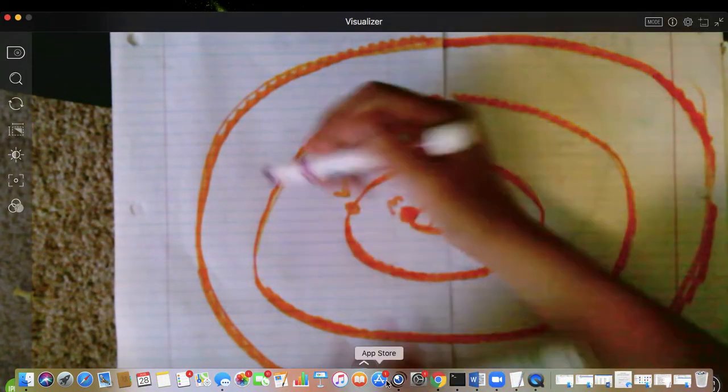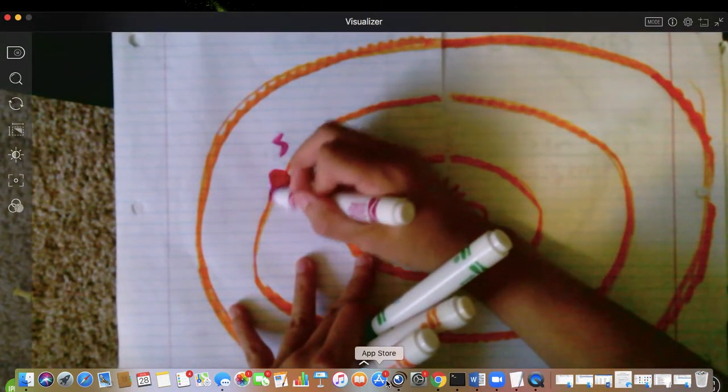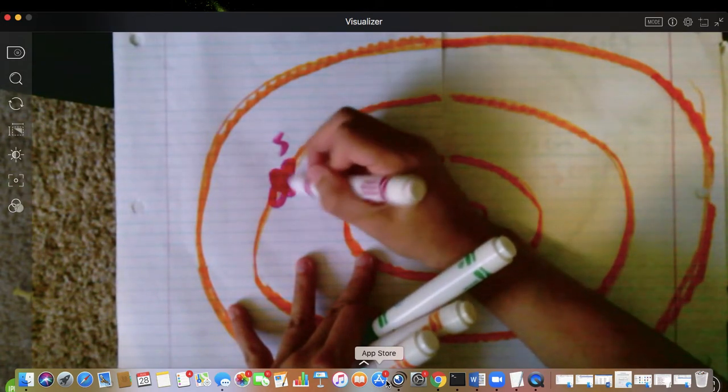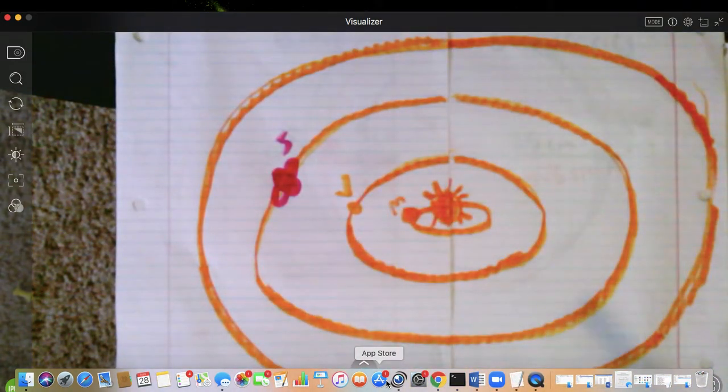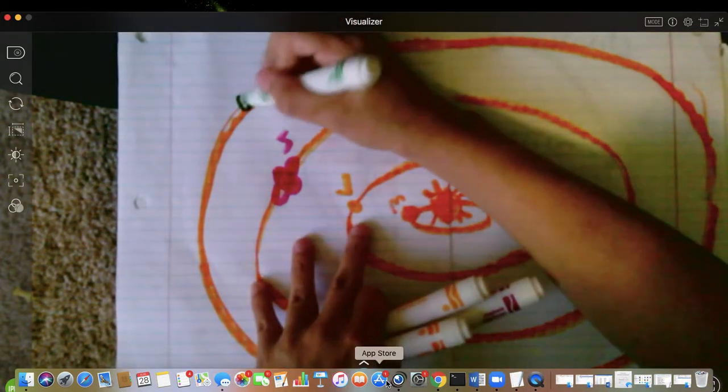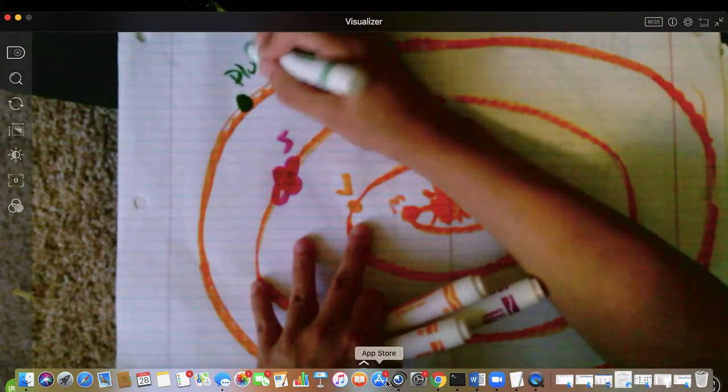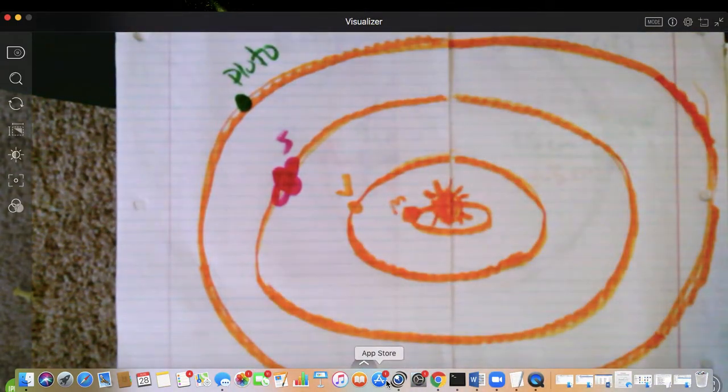And then if you get out here to like where Saturn is, this is Saturn, everybody. It's beautiful. It's Saturn, I promise. All right, it takes you an even longer time. And then if you're way the heck out here like Pluto, poor Pluto, it's going to take you a really long time. Okay? That's essentially what it's saying.